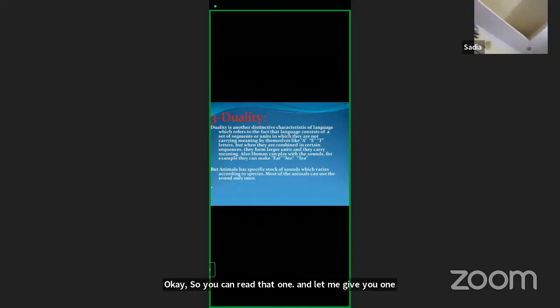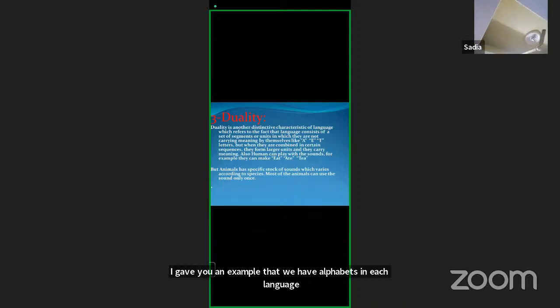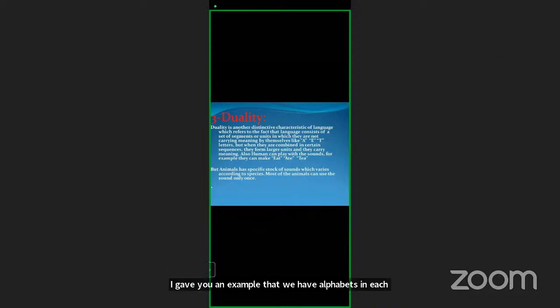Let me give you one example so that it will be very easy to understand. We talk about animal language and human language. In human language, I gave you an example that we have alphabets in each language. India is a multilingual country, and we have more than 1600 languages or dialects.